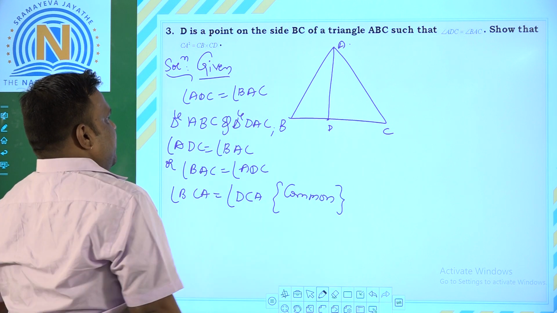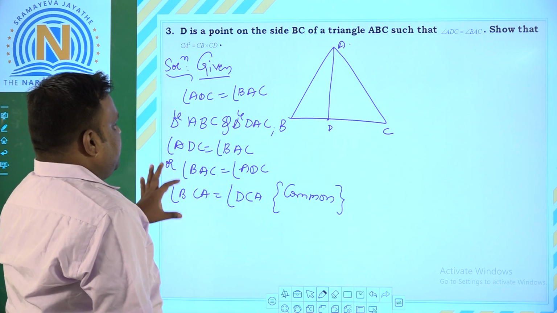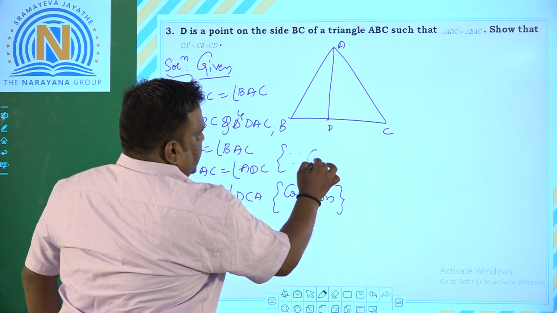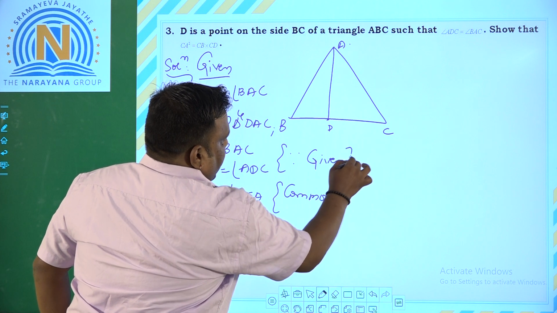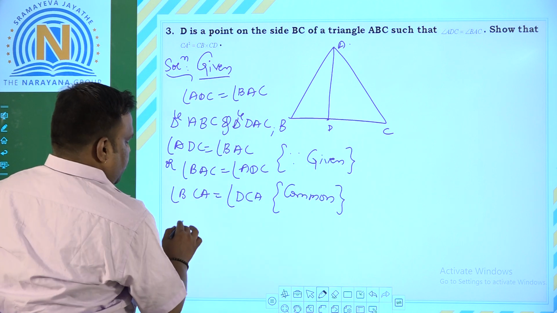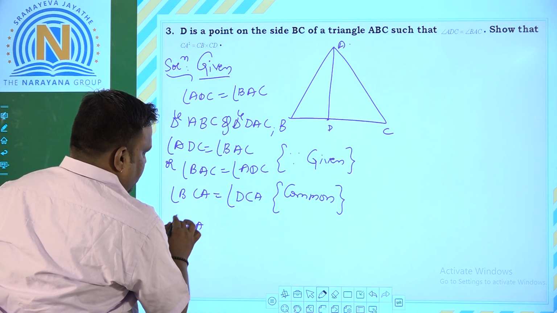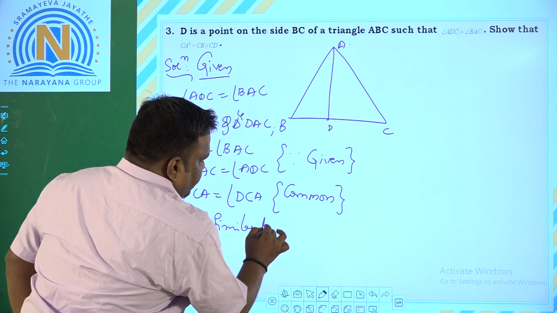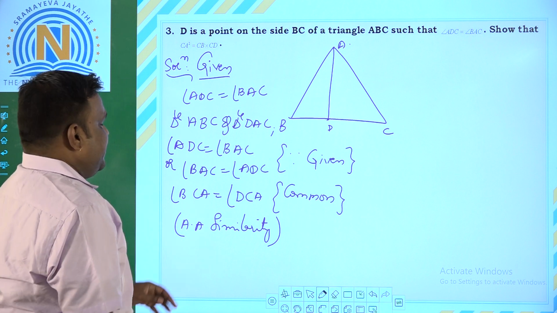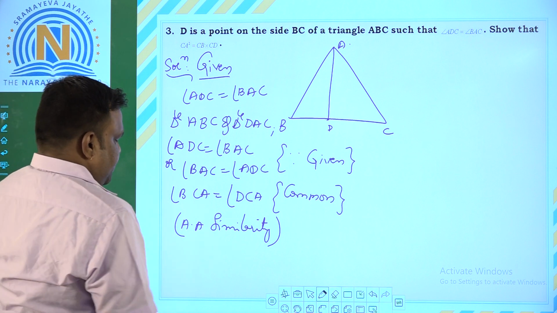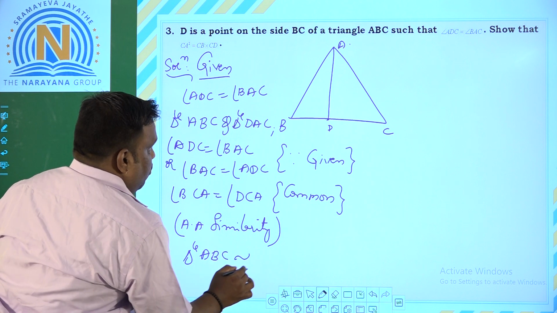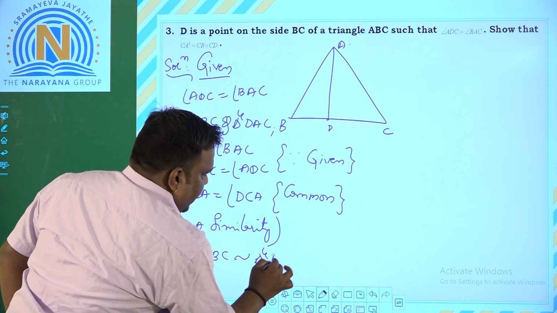So from these two conditions, since one is given and this is a common angle, according to the AA similarity criteria, what can you write here? We can write that triangle ABC is similar to triangle DAC.